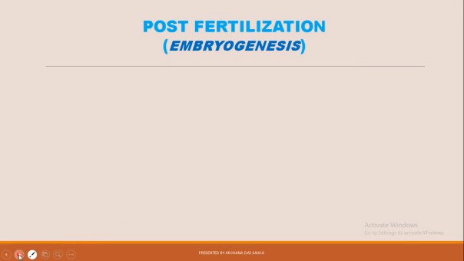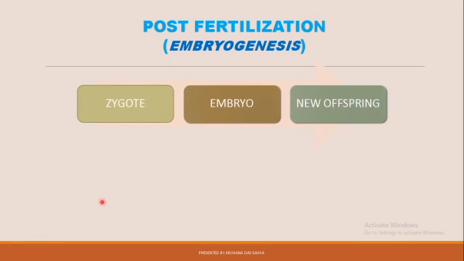Now the last event of sexual reproduction, post-fertilization, which is also called as embryogenesis. Embryogenesis means development of the embryo. Now here, post-fertilization event, the zygote was formed as a result of syngamy, which we saw in the previous slide.